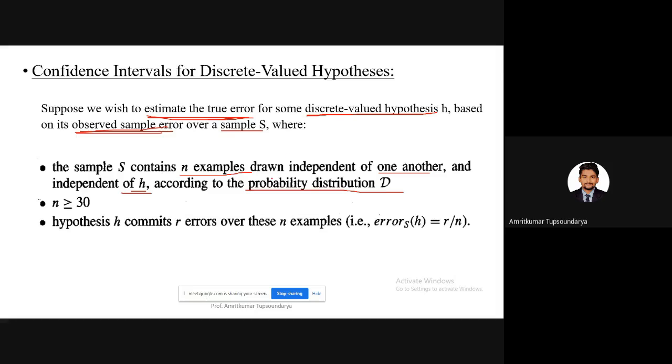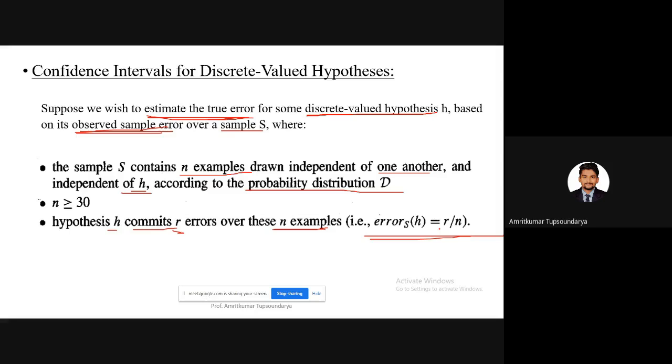The third thing to be focused on here is that hypothesis h commits r errors over the n examples. So the hypothesis h commits r errors over these n examples, which can be denoted using this formula: error S of h is equal to the ratio of the r errors divided by the number of training examples.